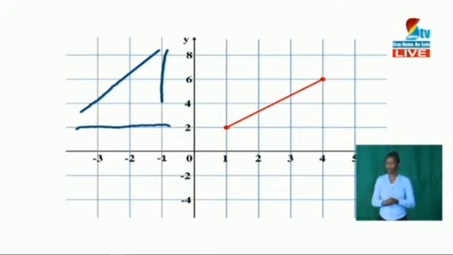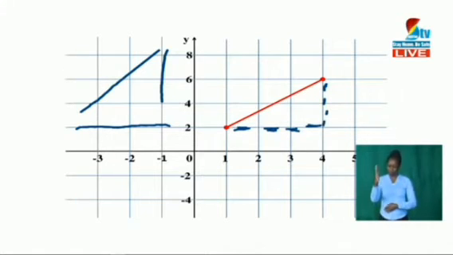Remember, learners, we have just seen that it's easier to find the length of a horizontal line, that is, a line that is parallel to the x-axis. Notice this line: it has a horizontal distance, and it also has a vertical distance.